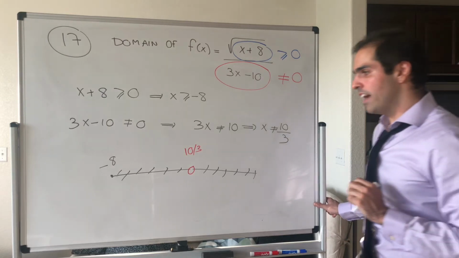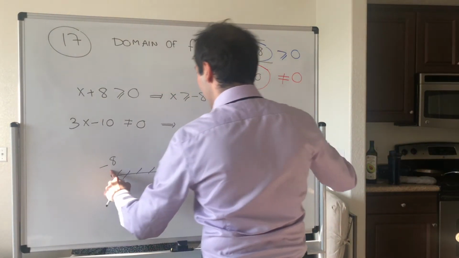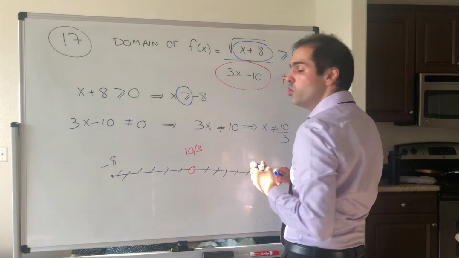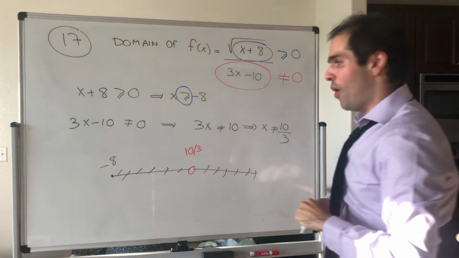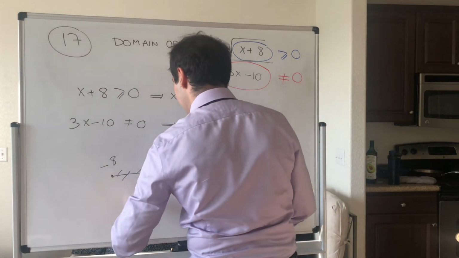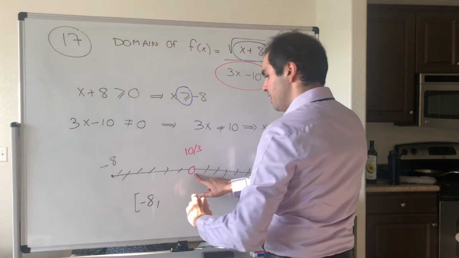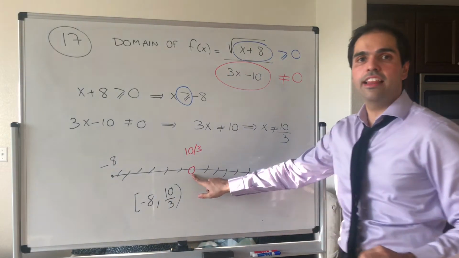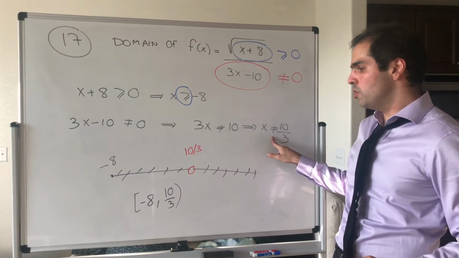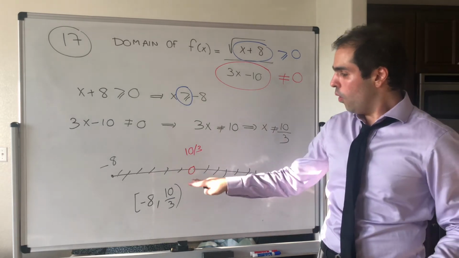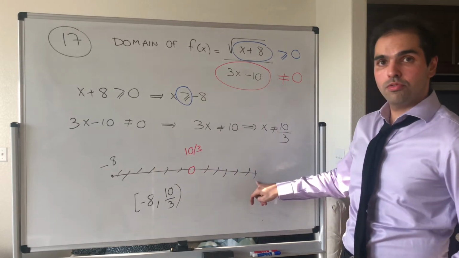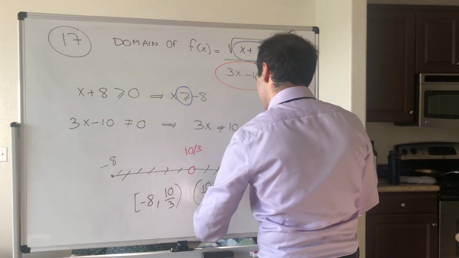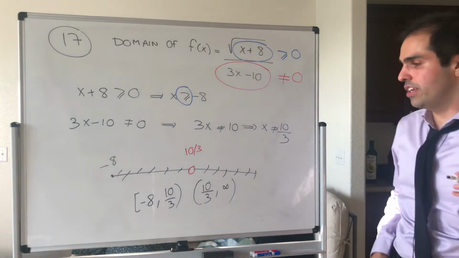So the way to write this is as follows. Remember, because you have a greater or equal sign, you include minus 8. You put a bracket. So minus 8, comma, 10/3. But you're not including 10/3 because we want x not to be 10/3. Or this piece, so 10/3, again, you're excluding it, and then infinity you just exclude anyway.